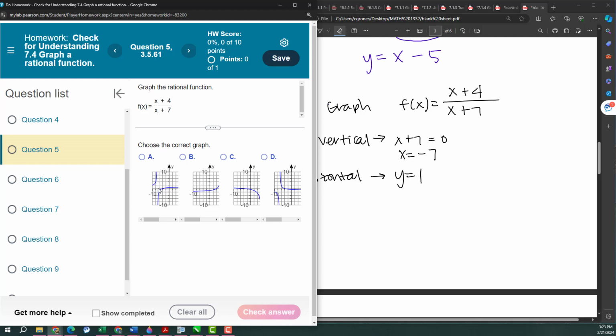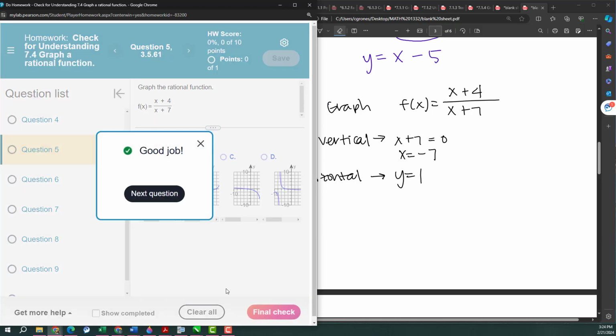So that means we're looking over here, which kind of looks like it could be A or D. I don't think it's C or B. Let's zoom in. So it's either A or D. Our vertical asymptote is x equals negative 7, which is over here, but y equals 1 for our horizontal, which is up here. D is incorrect because it looks like it has y equals negative 1, so it is A.